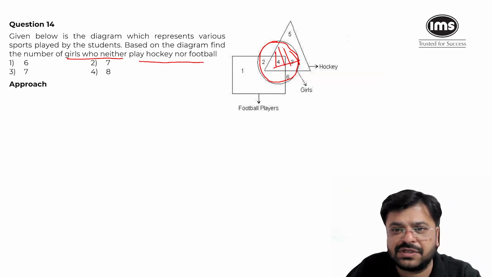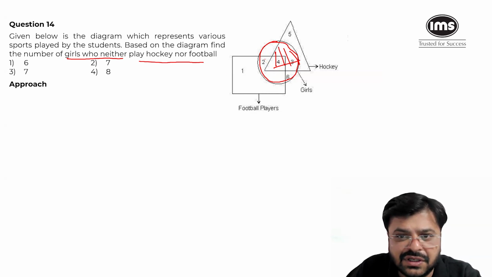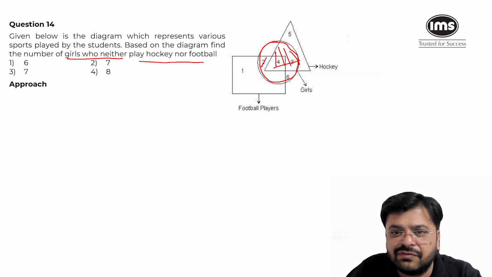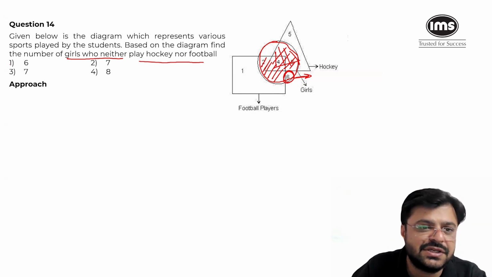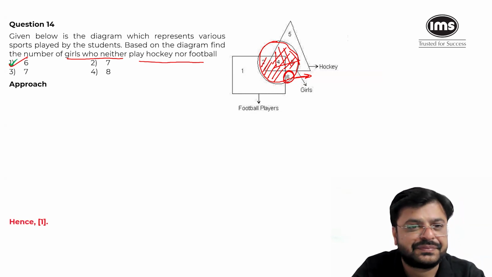We don't need this because they are playing hockey. And nor football. Football is represented by this rectangle. So the circle area which is intersecting with this rectangle will also not be counted. So the only part that is left is this part where these 6 girls are playing neither hockey nor football. So the right answer is option A.